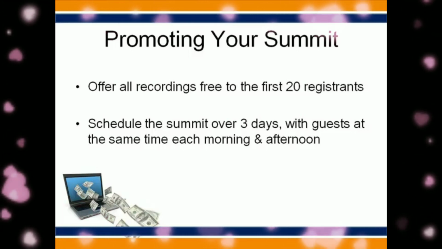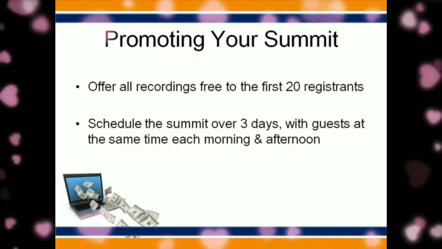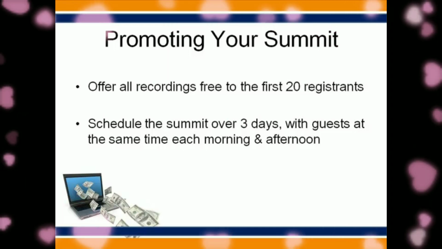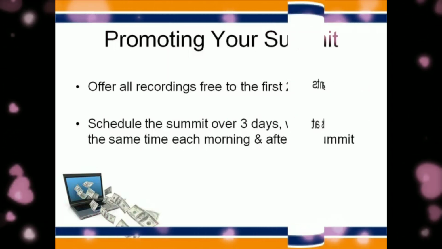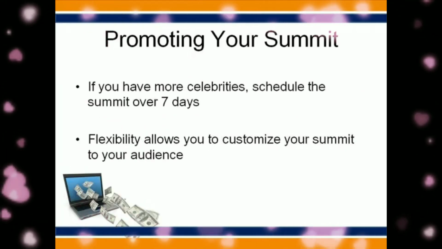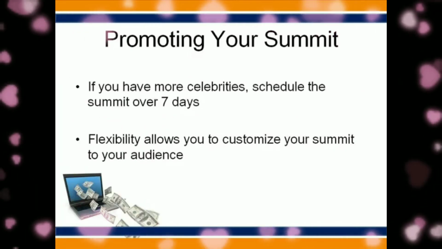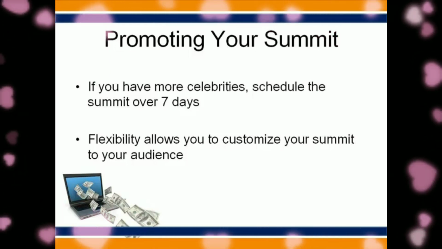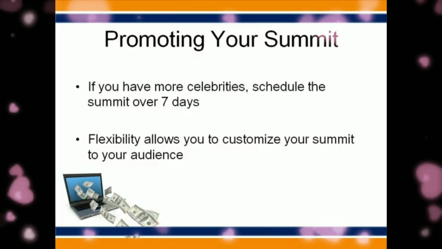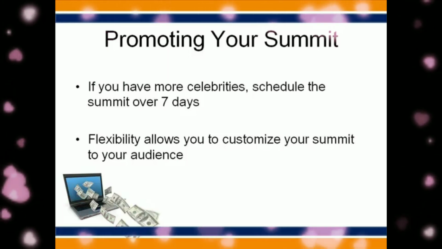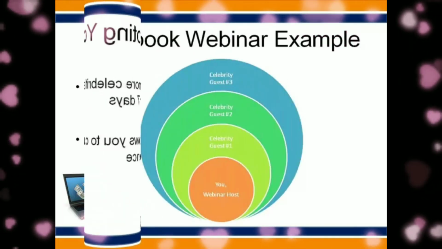You could also pace the master classes so that for 3 days straight, there's one celebrity guest at the same time every morning, and another every afternoon. And 6 is a minimum number of summit guests. If you are able to attract more celebrity guests, you could promote your summit as happening twice a day for 7 full days. The format is as flexible as your guest list, leaving you room for customization and creativity.